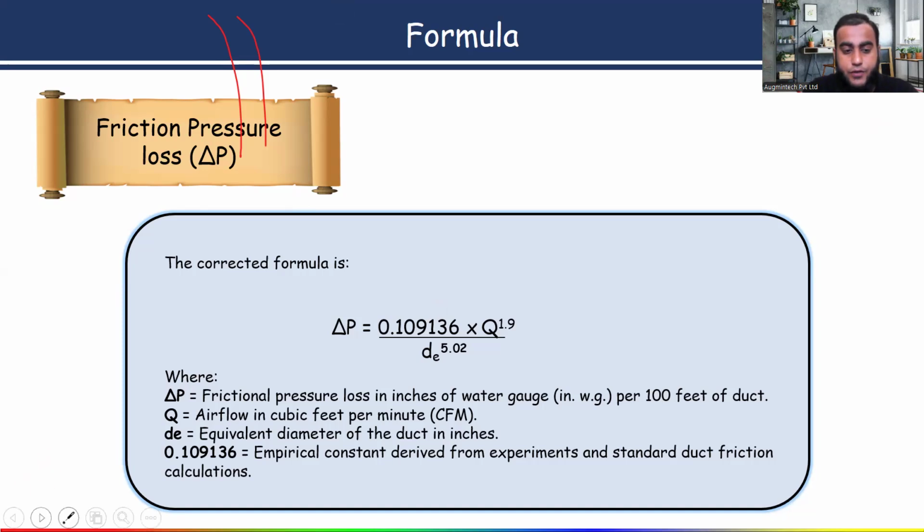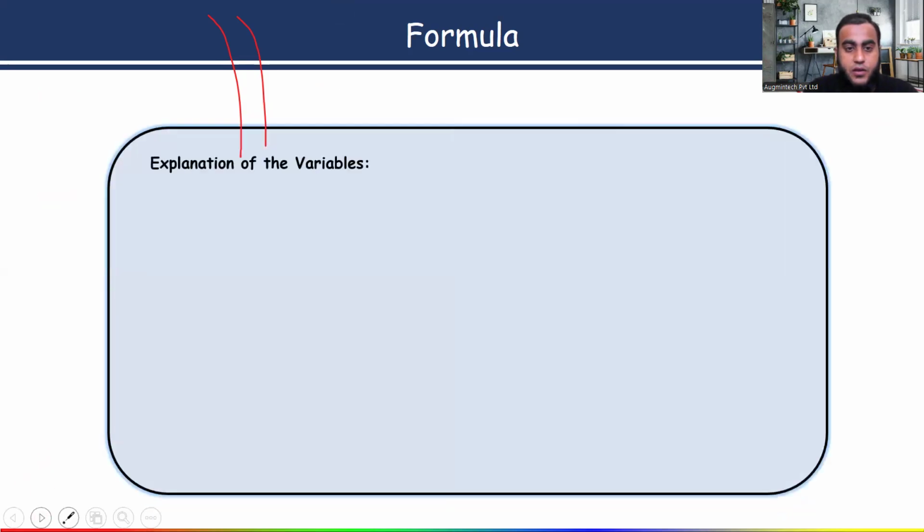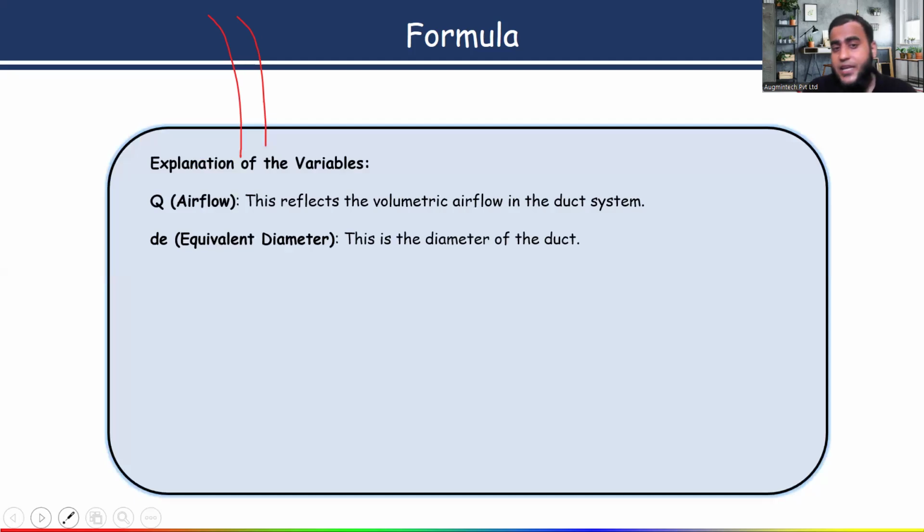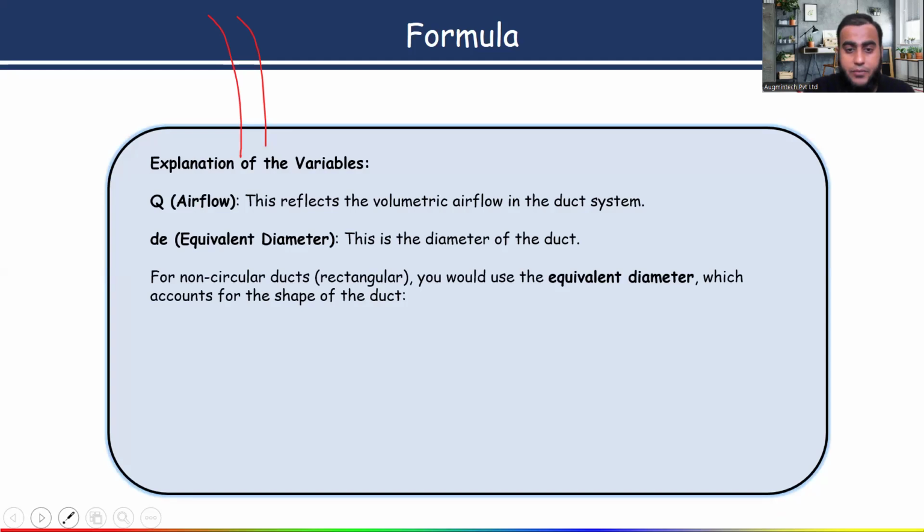For that, again, a formula is given, and as I told you, how to convert a rectangular duct into an equivalent diameter is simple, for a non-circular duct, for example a rectangular duct in your project.